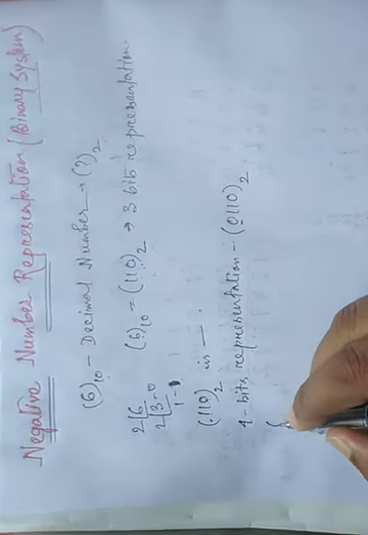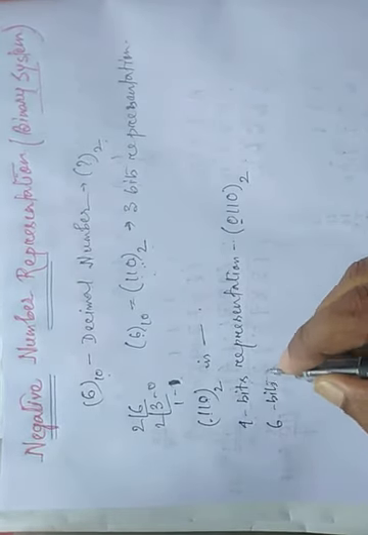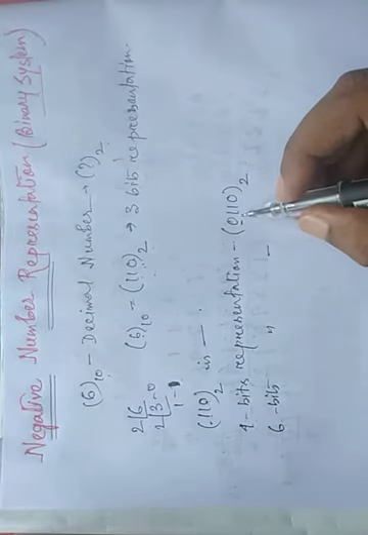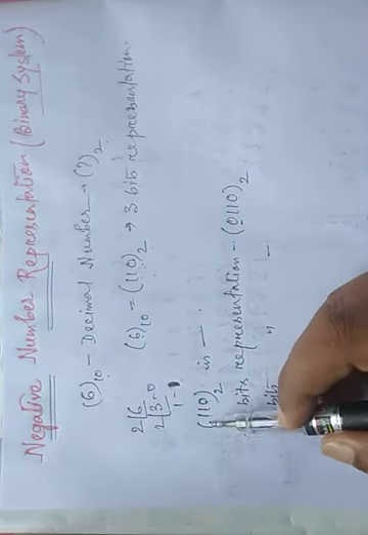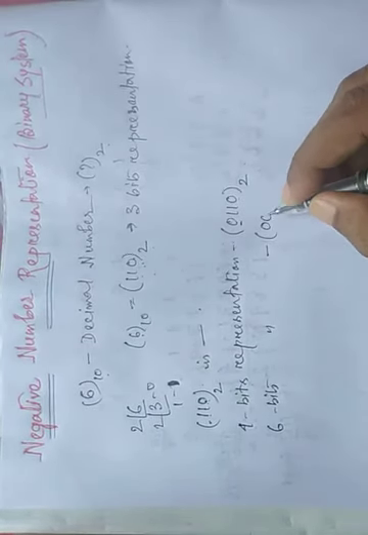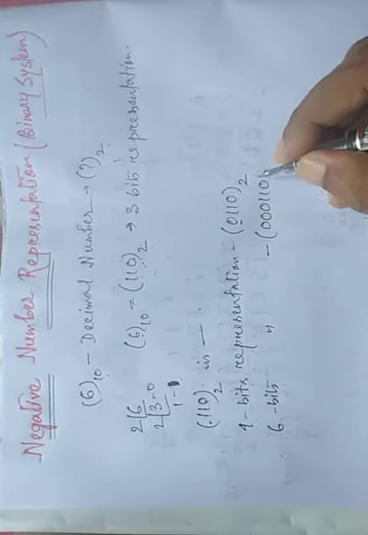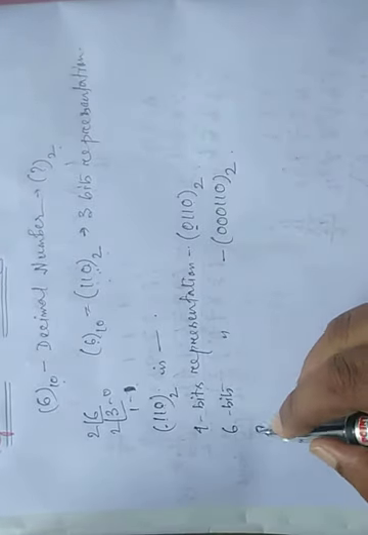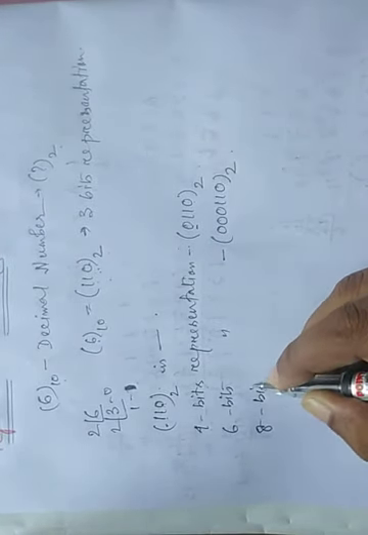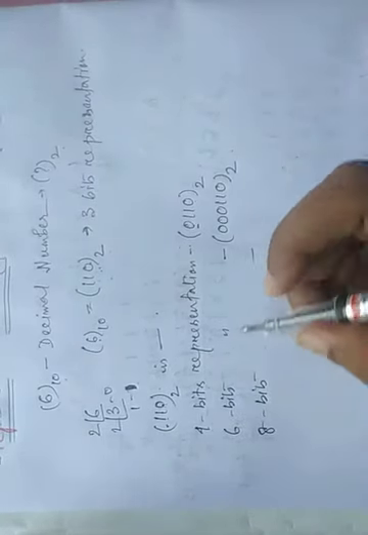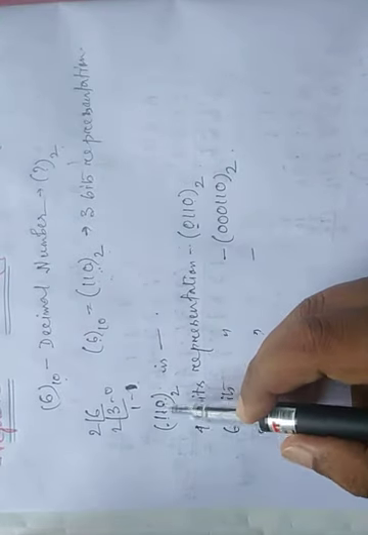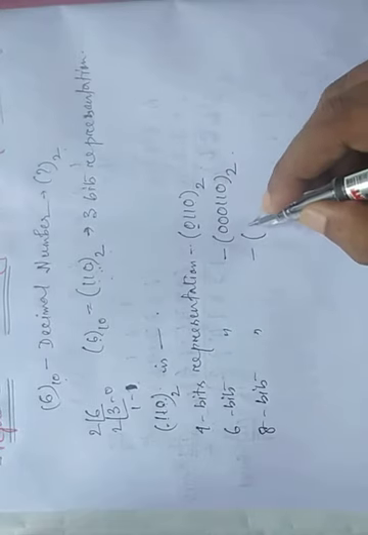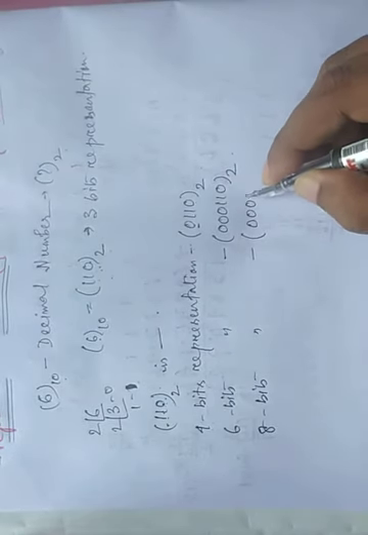Again, if we want 6-bit representation, there are 3 bits by default, so we have to add 3 extra bits. This is the 6-bit representation. If we want 8-bit representation, there are 3 bits by default, so we have to add 5 extra 0s.